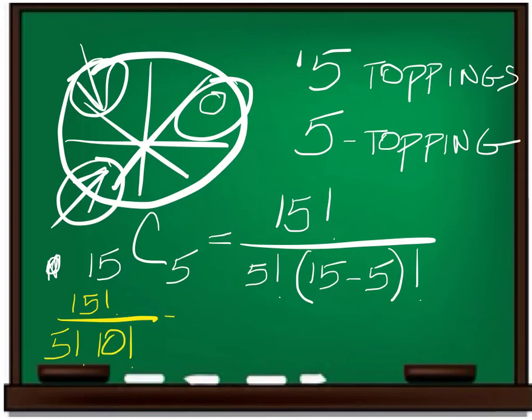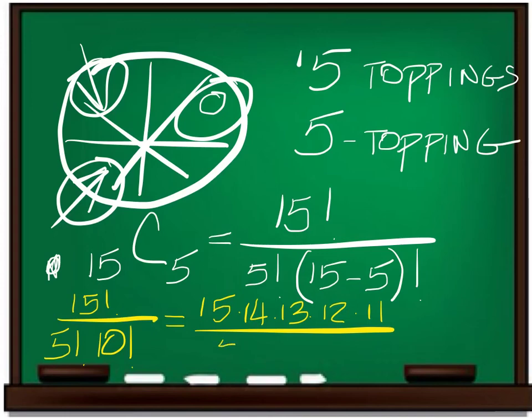Now notice that you can cancel out. The 10 factorial will eliminate everything of 10 on back in the top. So we have 15 times 14, 13, 12, and 11 on the top. And on the bottom you have 5 factorial. Well, now 5 factorial is 5 times 4 times 3 times 2 times 1. You can cancel out a 5 with the 15 to get a 3 there.